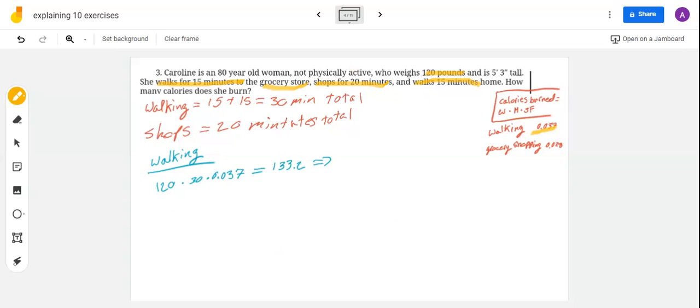So for sure, there are no decimals on the answers provided on that list. So you want to round it up to the nearest whole number. So that would be 133. Okay. So let's now go with shopping.